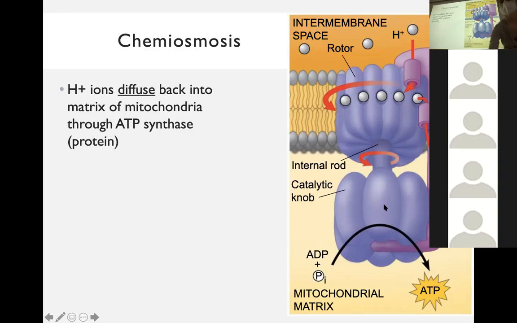So for you guys on Zoom, up here we have this high concentration of hydrogen ions in the intermembrane space. They're going to diffuse back through this protein, ATP synthase. And as you might imagine, based on the name, ATP synthase is where we're actually going to synthesize a lot of ATP.